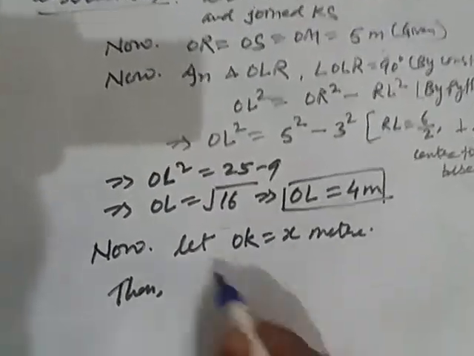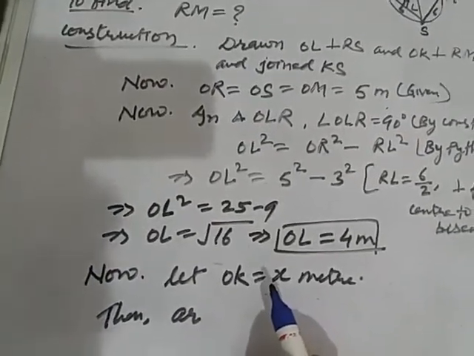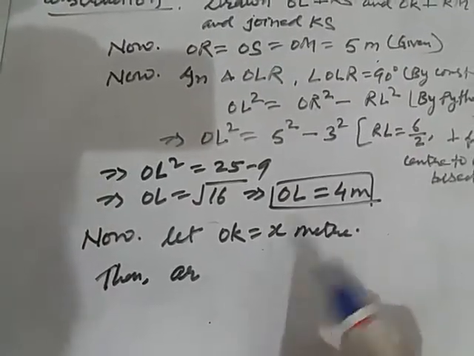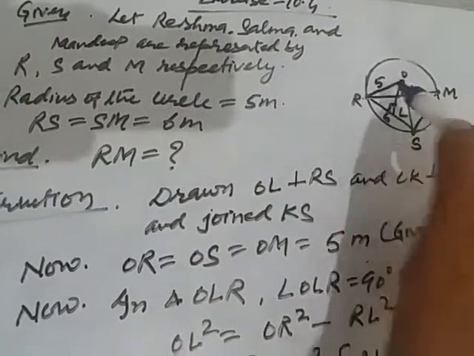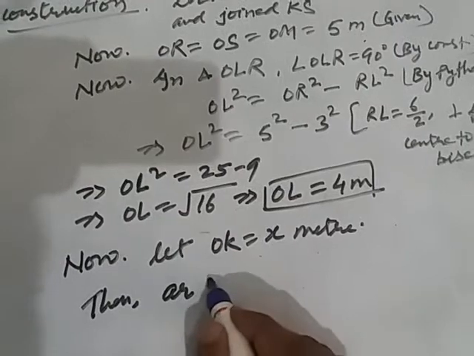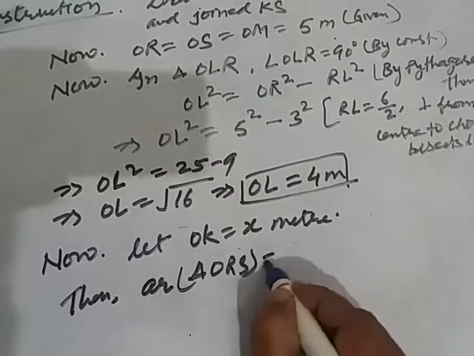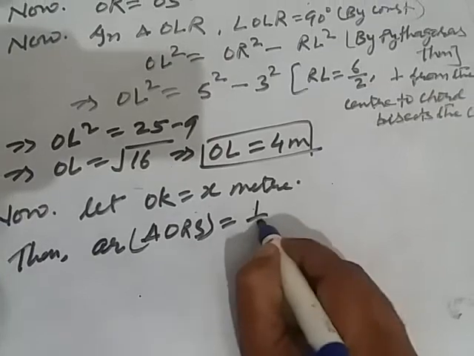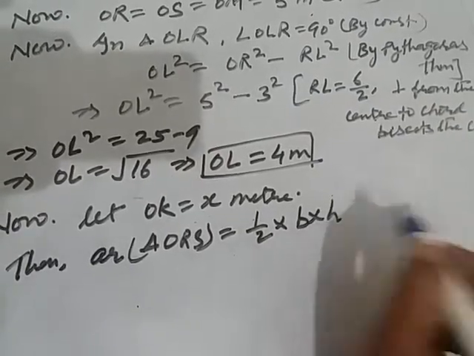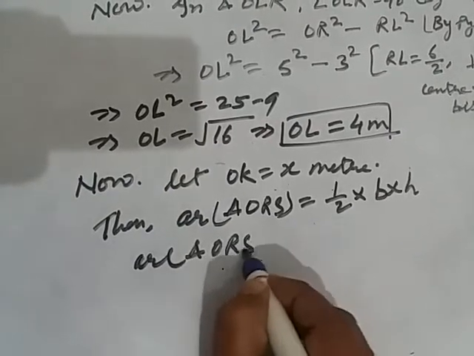Area, let us find out. Then area of triangle ORS, means see bigger triangle ORS, equal to what children? That is equal to 1 upon 2 into base into height. What is the base?